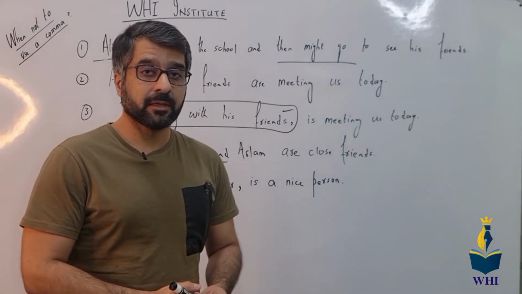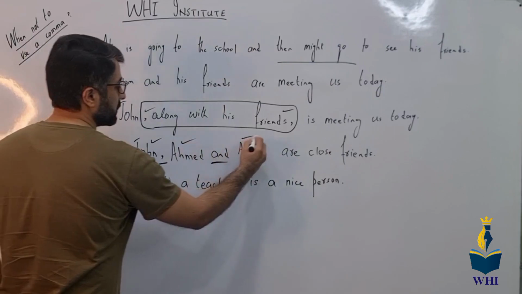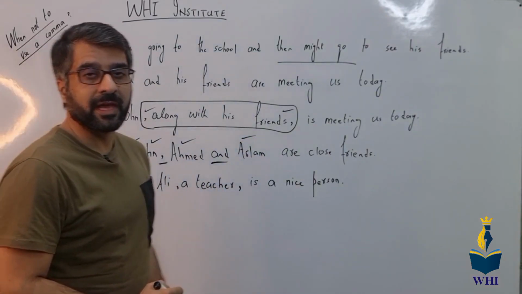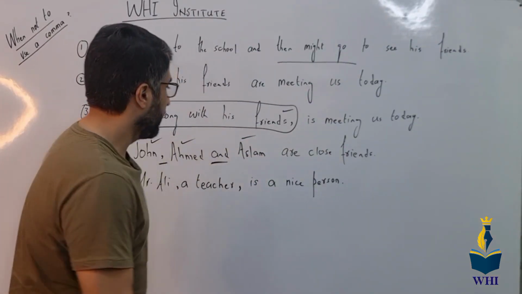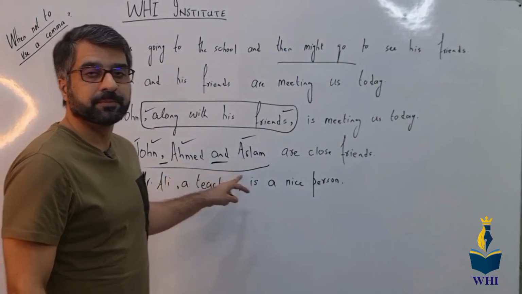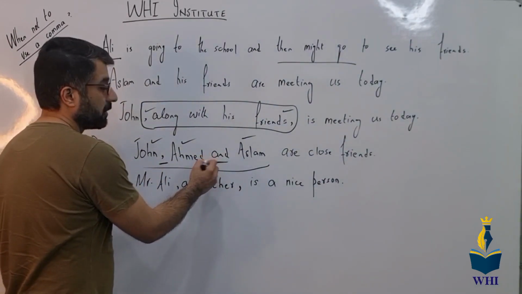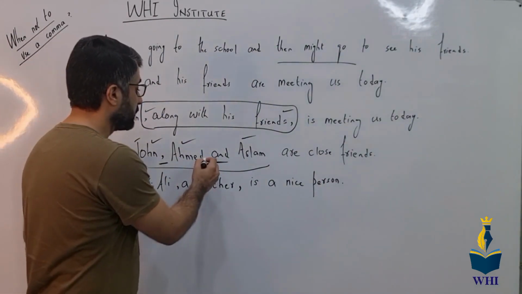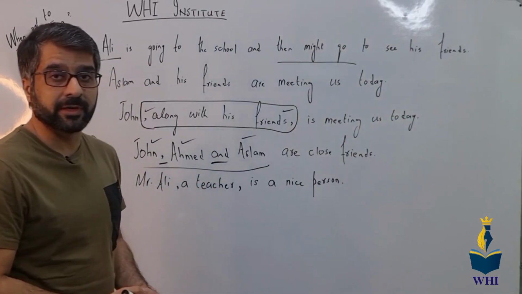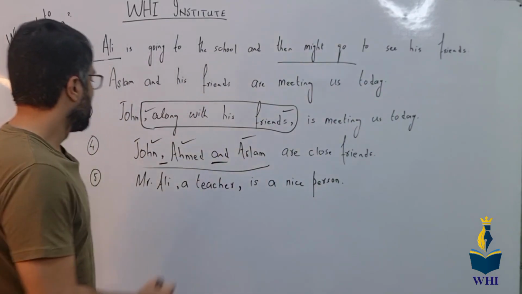So this is again an exception to this rule: if you join three nouns with the help of a coordinating conjunction and these three nouns are placed in place of the subject, you don't need to place a comma with this coordinating conjunction. So this is another exception to this rule.